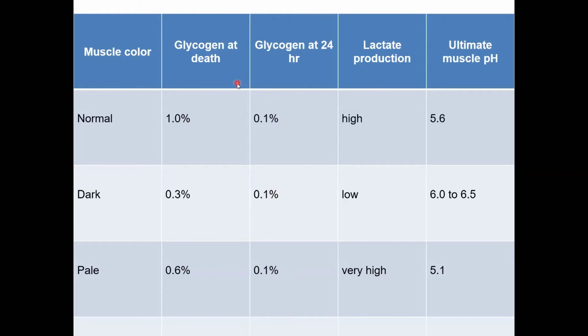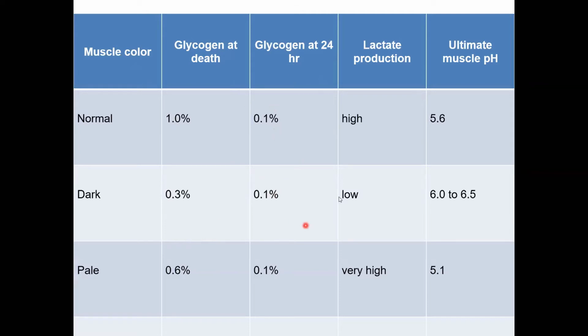Here we can see the normal muscle and the dark muscle. In the normal muscle before slaughter, the glycogen content is approximately 1%, but in the DFT it is around 0.3%. After 24 hours, the study shows it's 0.1%.